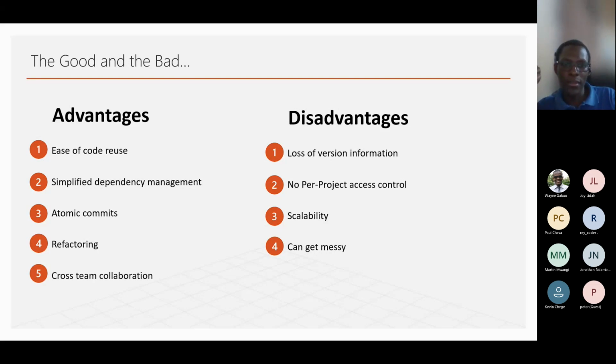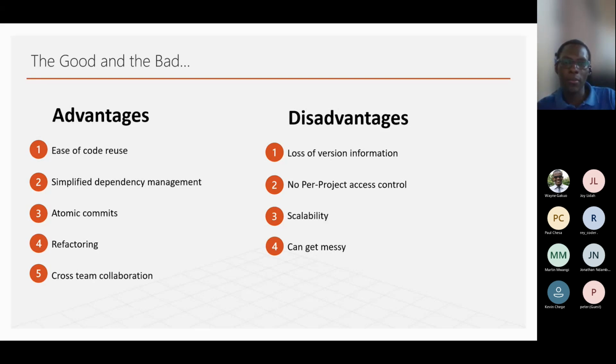One thing that people experience is loss of version information, not per se in terms of GitHub and the likes, but it is easy to lose track of what version is what in what application. So these are some things that can get muddled up if you have a very big team, or if you have many applications that you're handling in one monorepo.